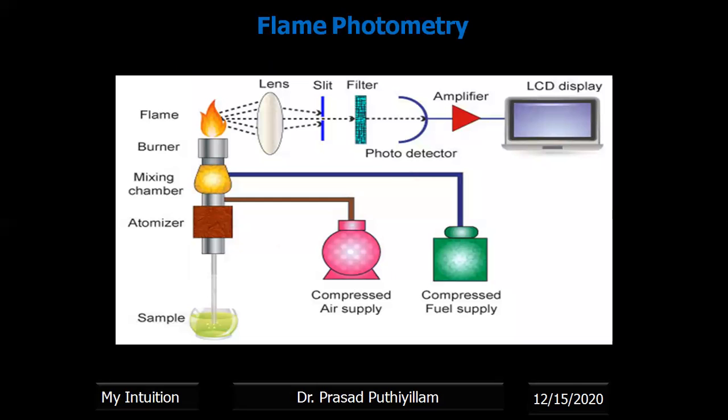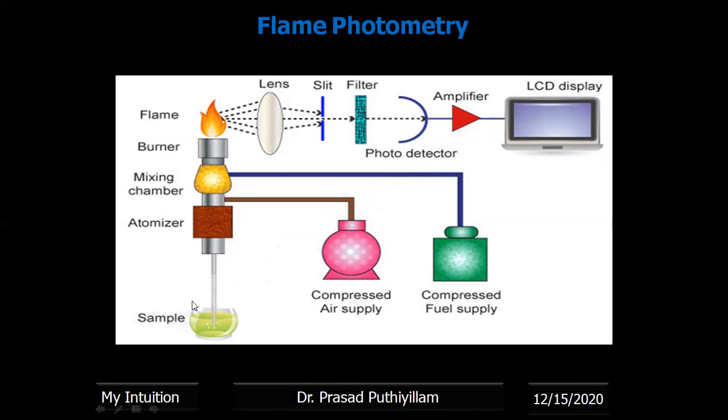This is the instrumental setup of a flame photometer, where we introduce the sample to a flame through an atomizer with a mixing chamber, with compressed air mixed with the fuel. This is a compressor which compresses the air as well as the fuel mixture, and this will give the fuel to burn the flame.